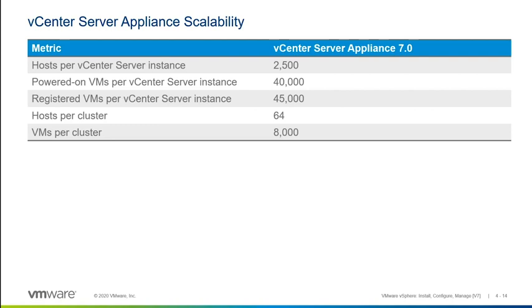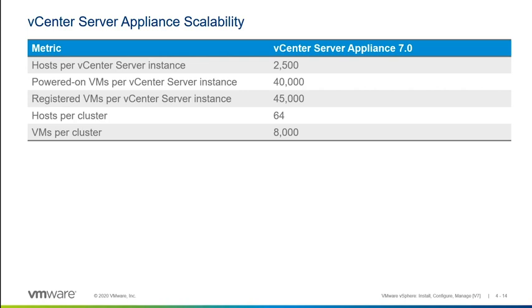So how many hosts and virtual machines can I actually manage with vCenter 7? Well, we can manage up to 2,500 physical ESXi hosts with a single vCenter server. That's actually a lot. It's a lot of ESXi hosts that we can manage, right? But it certainly doesn't give us anywhere near the scope of the largest data centers that are being managed with vSphere, right? The largest data centers may be 10 or even 20 or 30, or who knows how much larger than that.